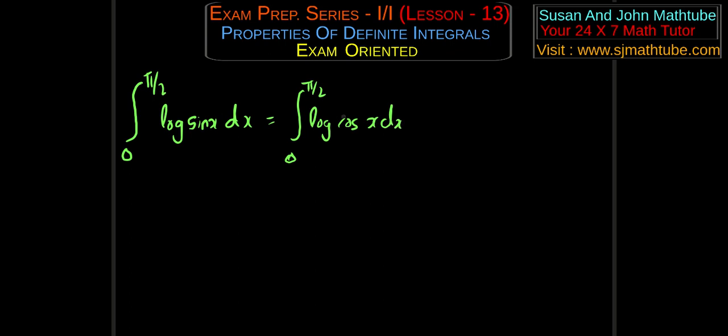Of course, this is very easy to prove, it's just one line. But you have to prove that this is equal to the common value pi by 2 log 1 by 2.